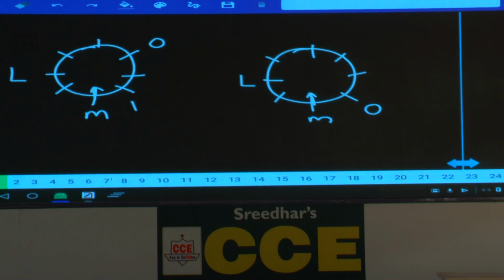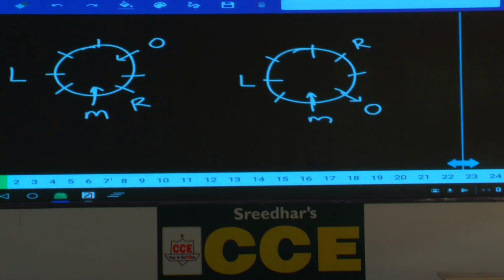And L sits, M faces the center, 2 people between L and O. R is seated second to the left of O, will be here, and R will be at this place, isn't it? Now R sits second to the left of O means this O must face towards the center, and in the other case, this O is away from the center.